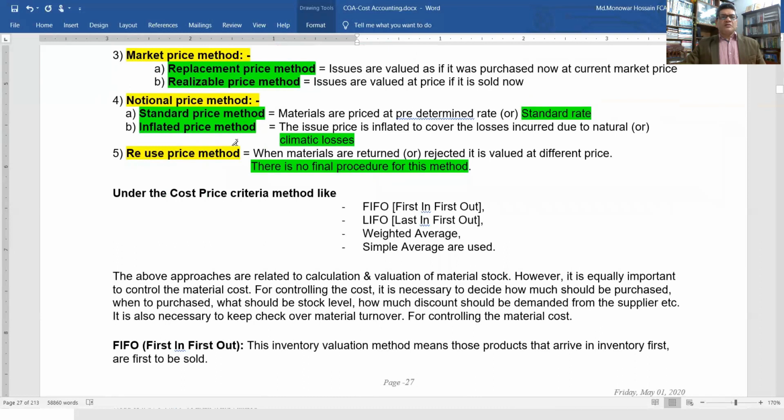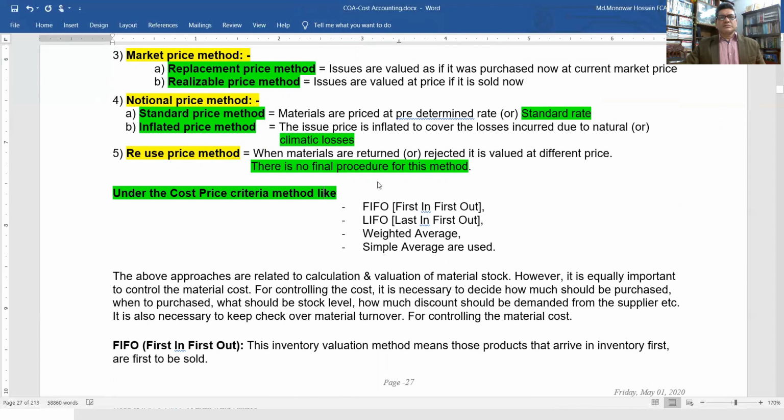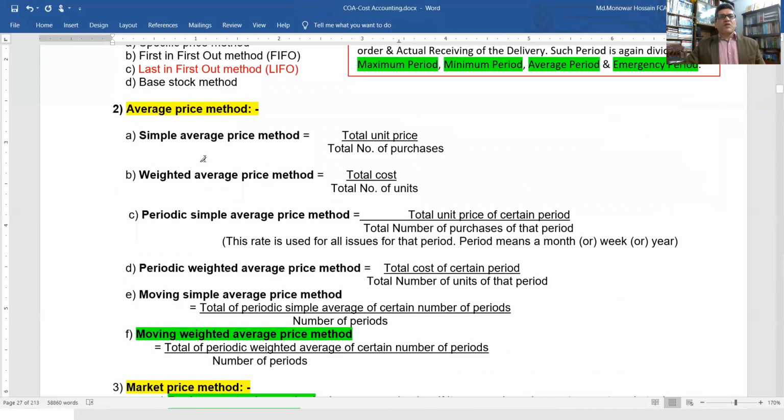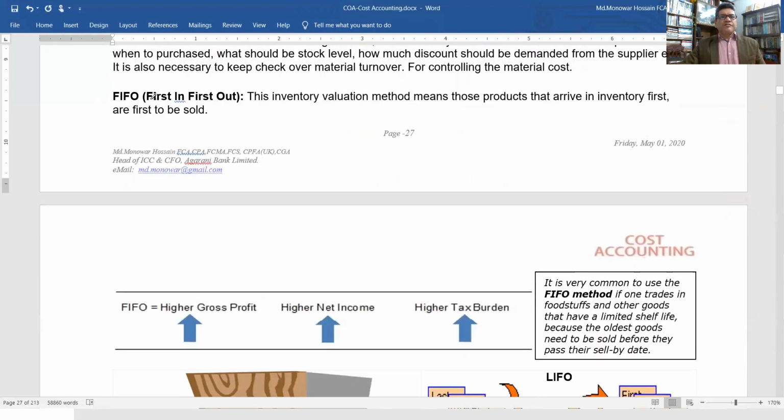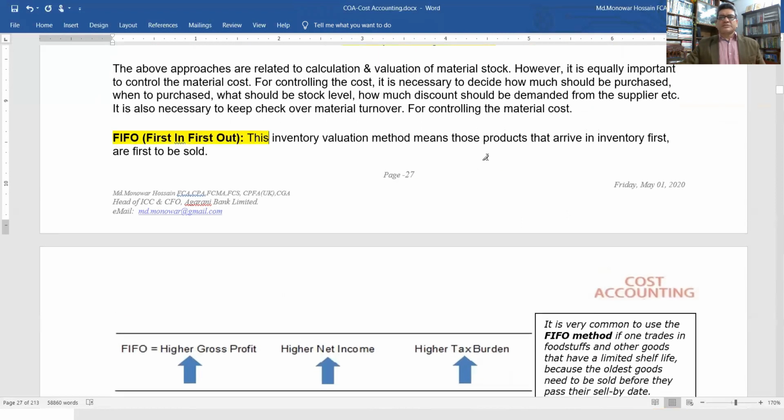Now we will learn the cost price method. Here, LIFO, FIFO, weighted average, and simple average are used. FIFO, first in, first out, is an inventory valuation method, meaning the products that arrive in inventory first are the first to be sold.